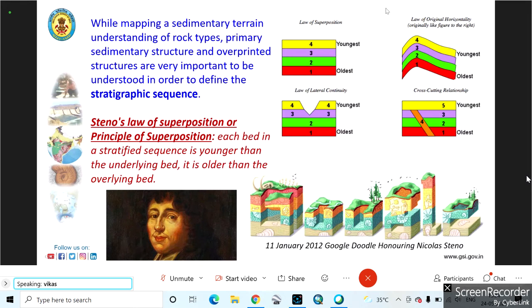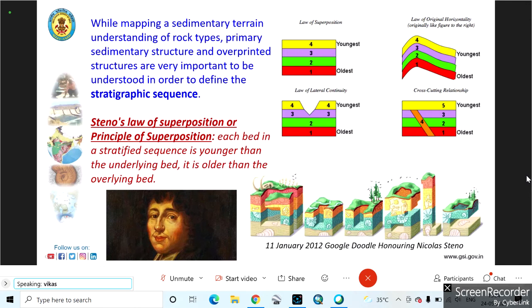But if your terrain has some deformation, say it's a fold and thrust belt, or simply say in a terrain some faults have happened, say normal faults have developed, like those of the Gondwana basins. What you will be seeing is that mostly they are undeformed. You'll see them very horizontally bedded, but in between you will encounter a number of faults, and these faults have actually displaced them.